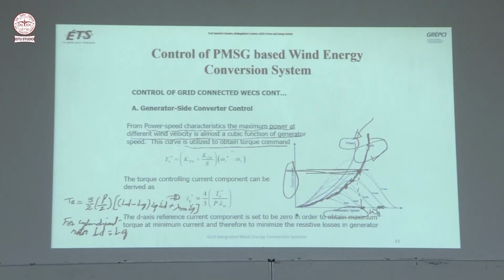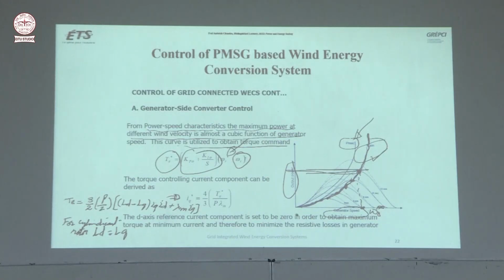generator speed, and then you can measure the actual speed, and then you have a PI regulator, which gives the reference electric torque. You can calculate the reference electric torque based on how much power, so you don't have to do the calculation all the time.